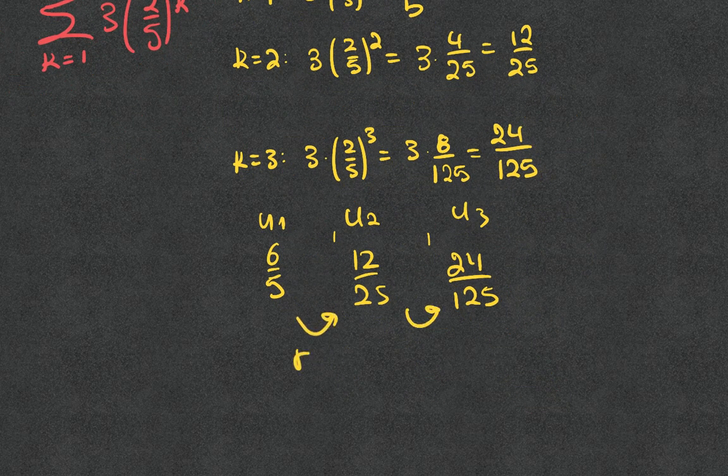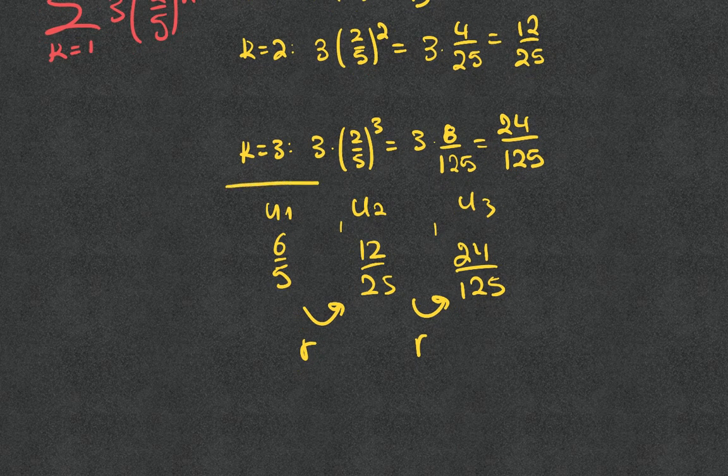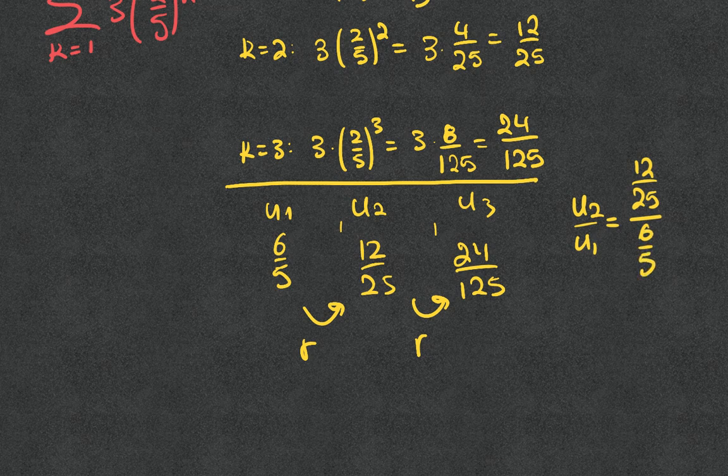So in order to find the ratio, and to test whether this is a geometric sequence, I can calculate the ratios. So finding u2 divided by u1, that would become 12 over 25 over 6 over 5.